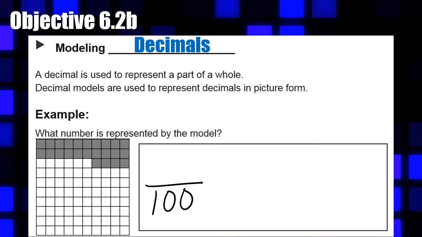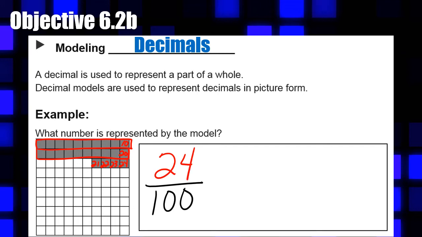And so we know that each row has 10. So I'm going to count by tens for the first 2 rows here. And so we know that we have 10 and 20, and then we have 4 more parts left. So we have 21, 22, 23, and 24. So I'm going to write this as a fraction, 24 over 100.